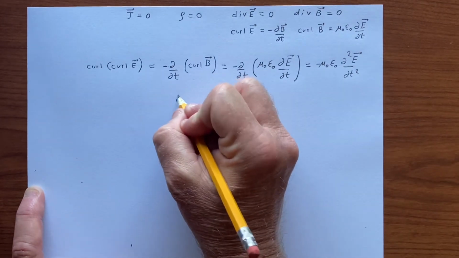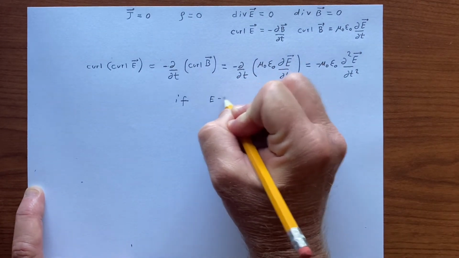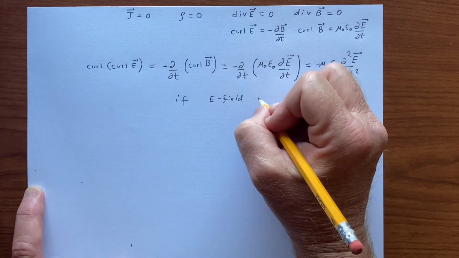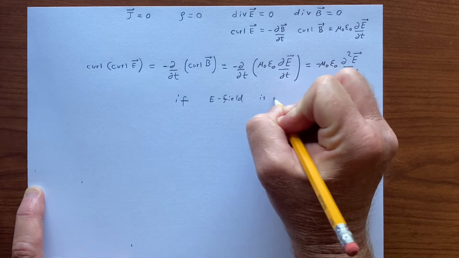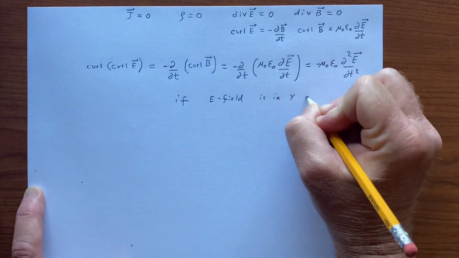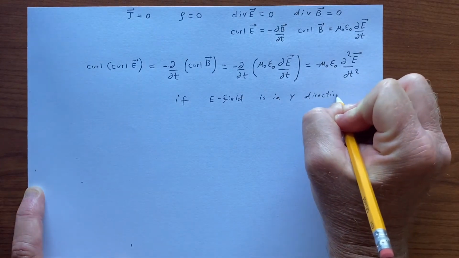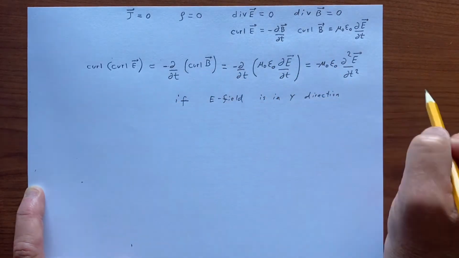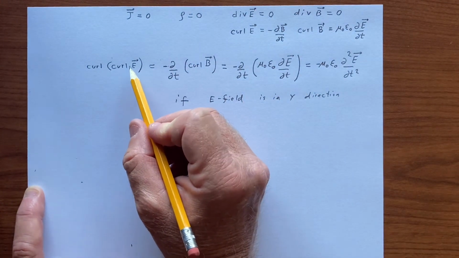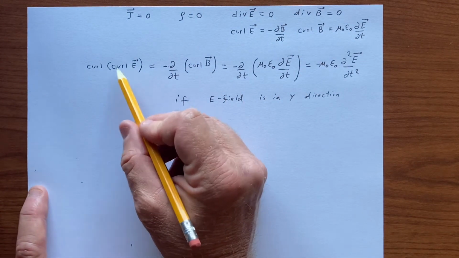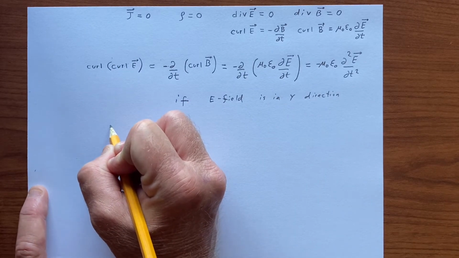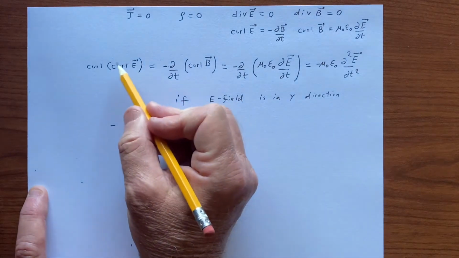So now let's assume, for simplicity, to get a sense of this, that the E field is in the y direction. Then this curl of the curl actually reduces to something that's just related to x.